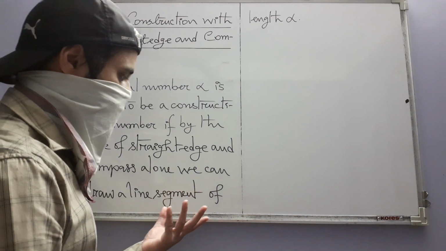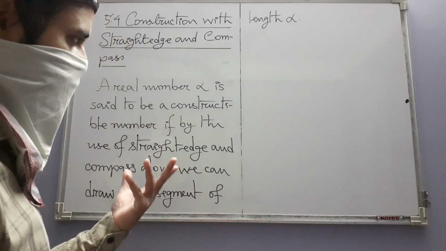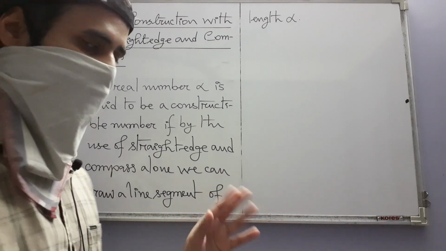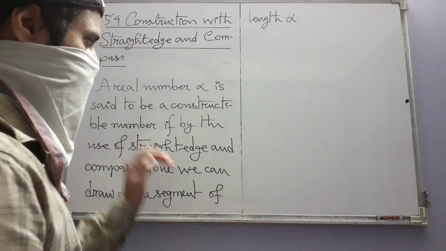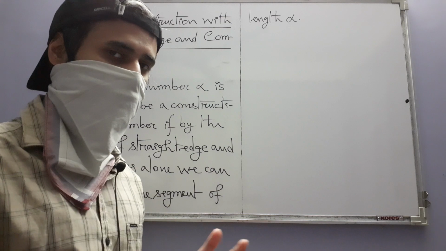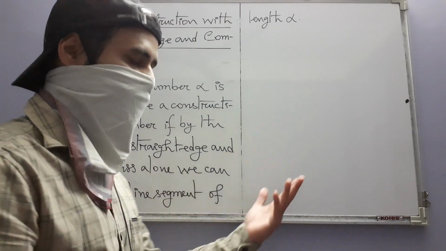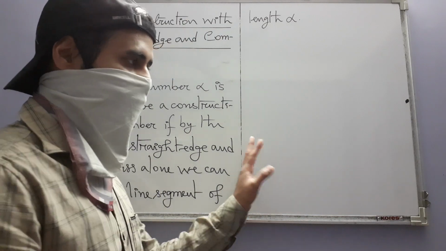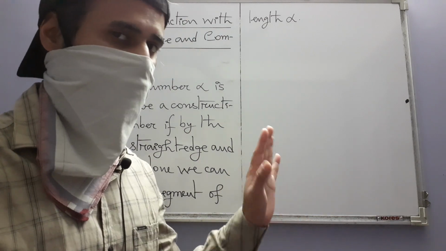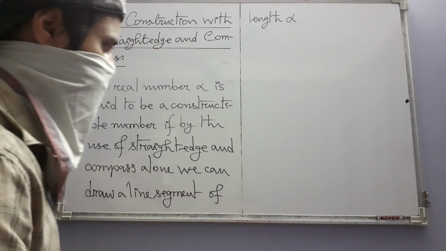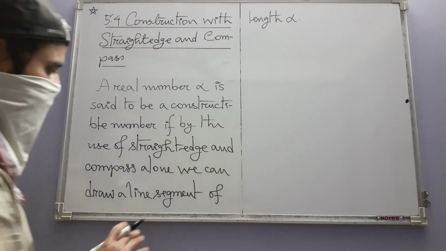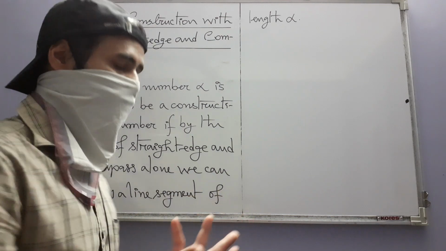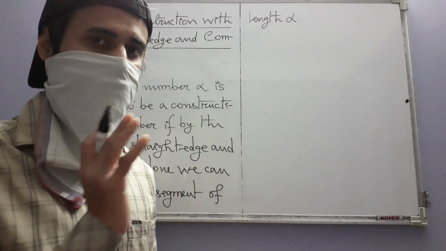Okay, just looking at this statement, it seems like it's an okay statement. A real number alpha is said to be constructible if you can draw a line segment of length alpha using only straightedge and compass, like how you used to draw such figures in school. But unfortunately, this statement is not true for one simple reason.